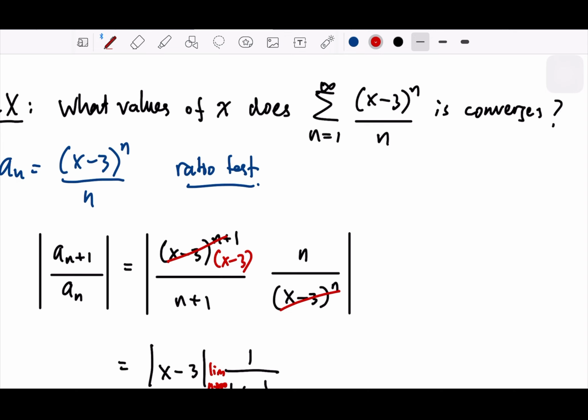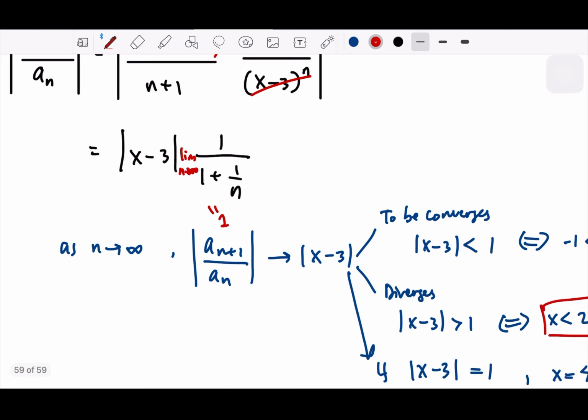Now we can use the ratio test using this x minus 3, and we check with n plus 1 divided by n, and we solve this through the ratio test, and we have this expression. In terms of the limit, this is equal to 1. So we are just looking at this absolute value of x minus 3, which we can relate to the conclusion in the ratio test.